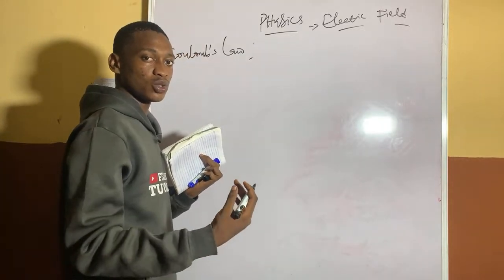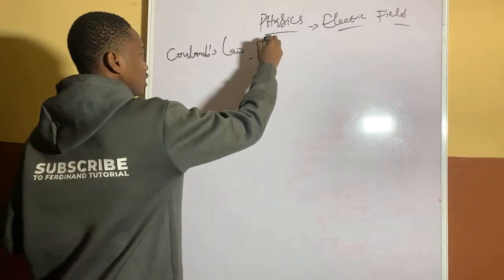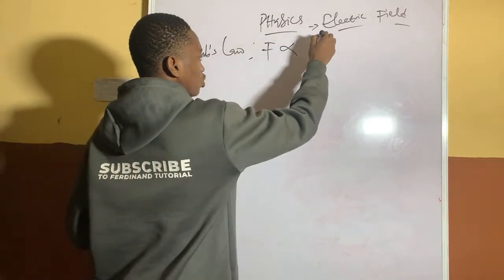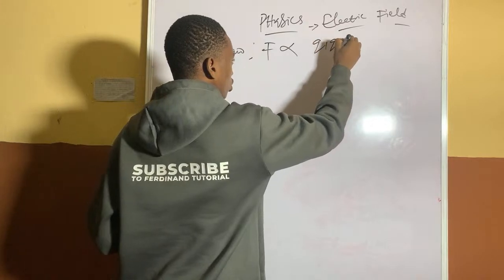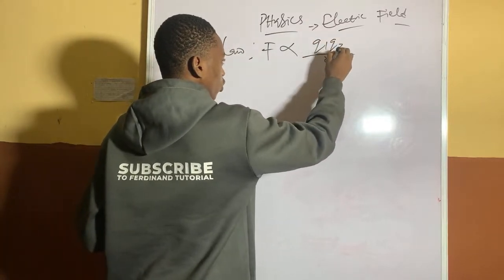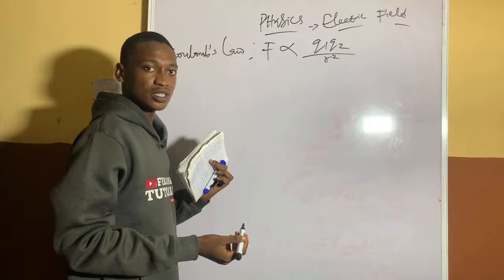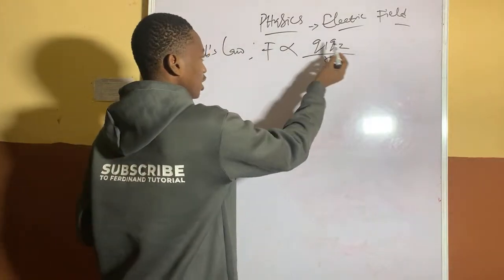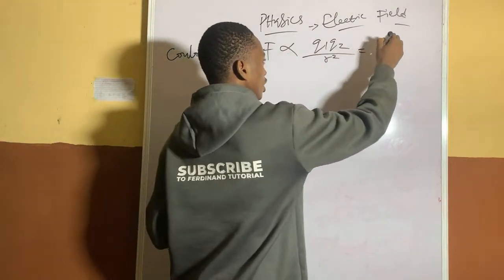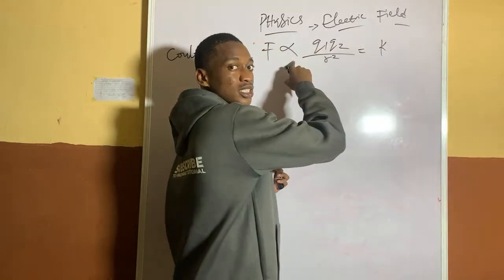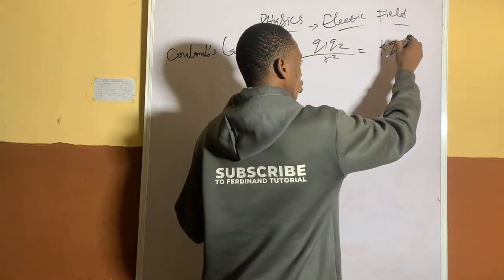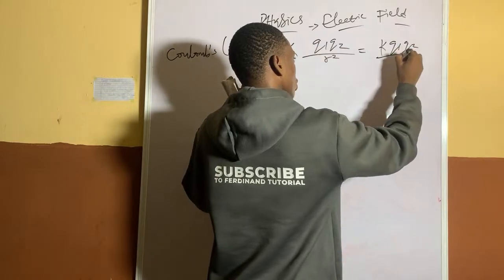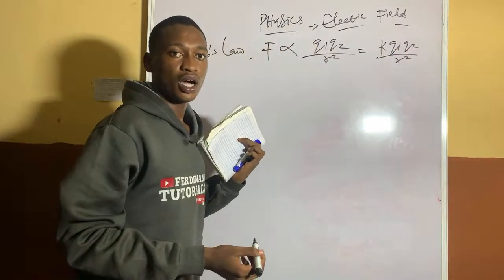So the electric force F is directly proportional to the two charges Q1 and Q2 and inversely proportional to the square of the distance. This is Coulomb's law. We replace the proportionality sign with K, so it will be KQ1Q2 all over R squared.